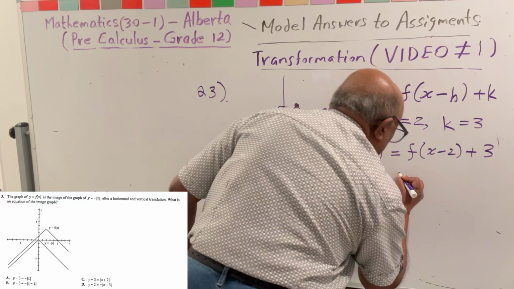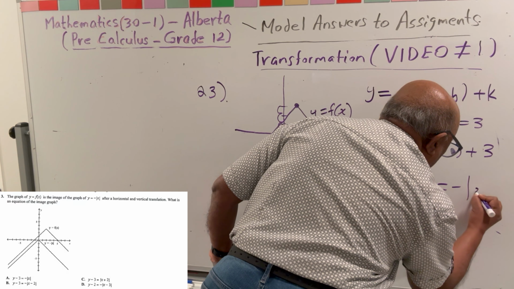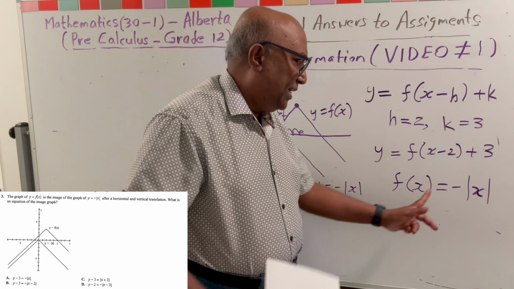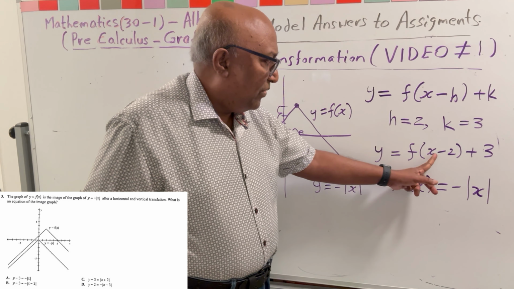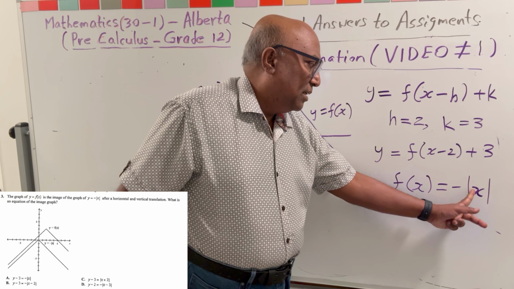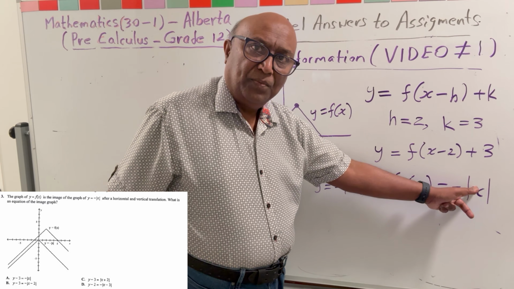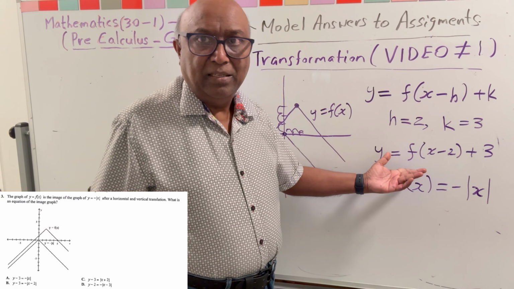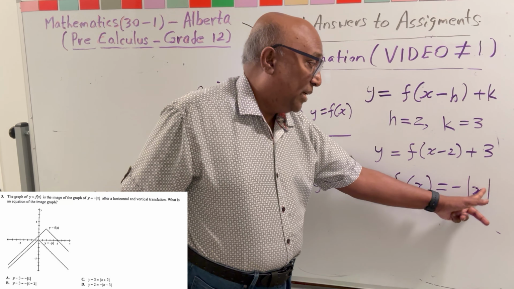What's that? f of x has been given like this. This is the point, okay? In the question, f of x has been defined. Now how to find f of x minus 2? Simply replace x by x minus 2. f of x is equal to this. In order to find f of x minus 2, we have learned this from grade 10. That means simply replace x by x minus 2 here, okay?